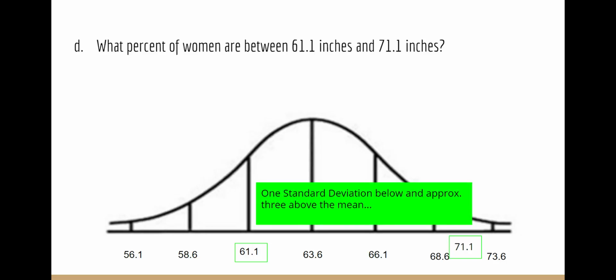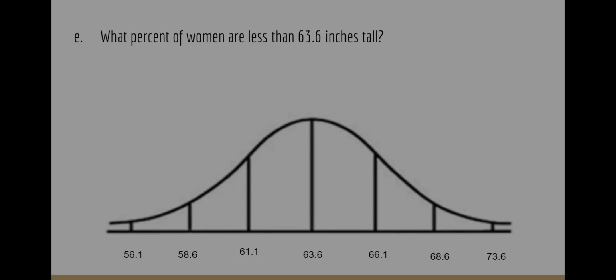So we're going to approximate. That's 1 standard deviation below and about 3 standard deviations above the mean. So if we add all of these percentages up, according to the empirical rule, it's going to be approximately 83.64%. So for the time being, we're just going to approximate.